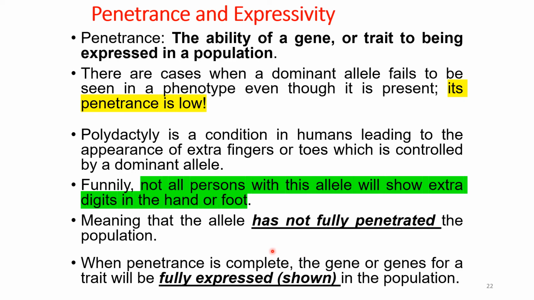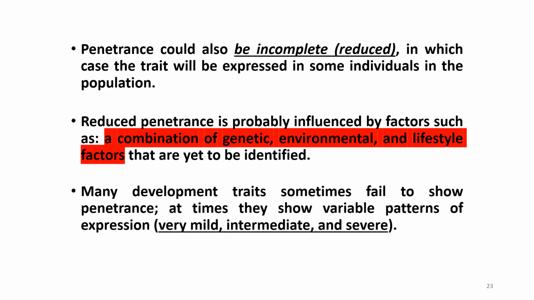When penetrance is complete, the gene or the genes for the trait will be fully expressed in the population. Penetrance could be incomplete, in which case we say it is reduced. In this situation, the trait will be expressed in some individuals in the population and not in others.